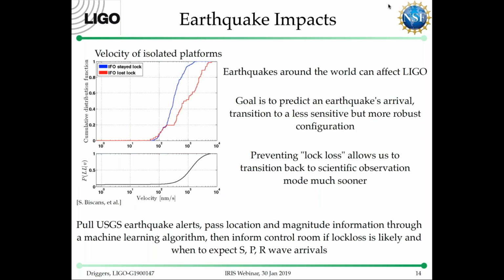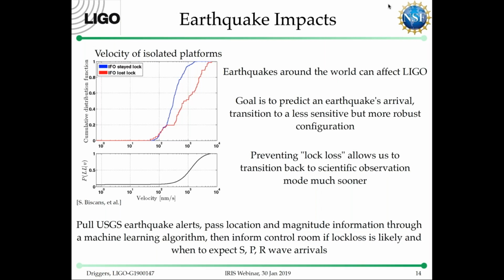Another thing that's a real big problem for us in LIGO is earthquakes. Earthquakes, as I'm sure you in this community are well aware, cause ground vibration that can be sensed all around the world. So something that we have tried to work on is there a way that we can change our seismic isolation platforms to be more robust against an incoming earthquake?